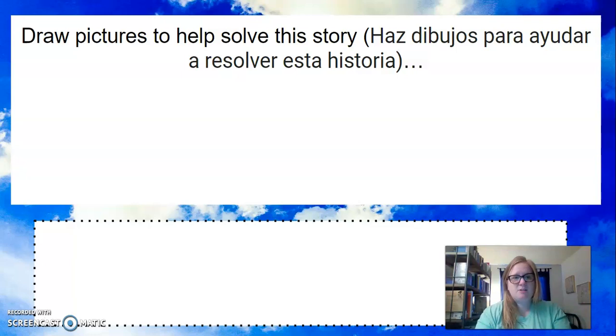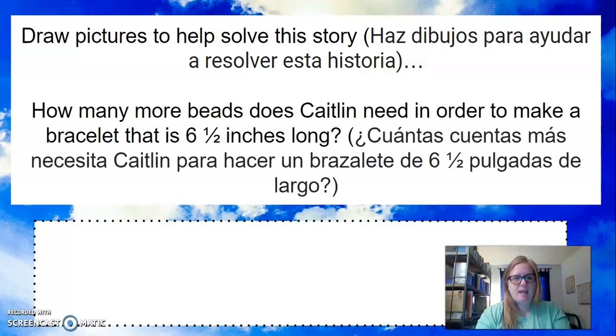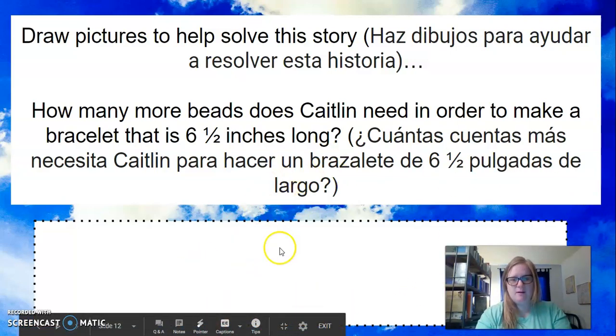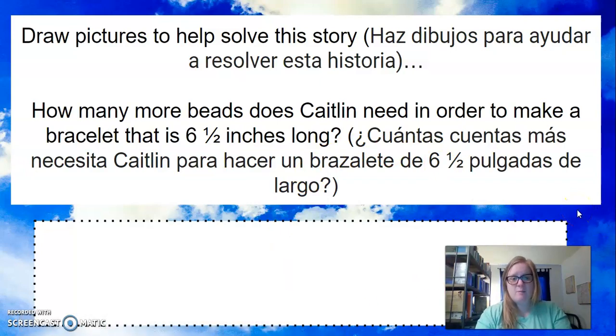Now, draw pictures to help solve this story. How many more beads does Caitlin need in order to make a bracelet that is 6.5 inches long? Okay, and this is where you're going to put your answer. All right, go ahead and pause the video. Go ahead and draw this out. And remember, 1 bead is going to be a 1/2 inch.